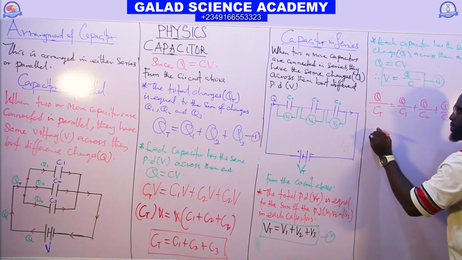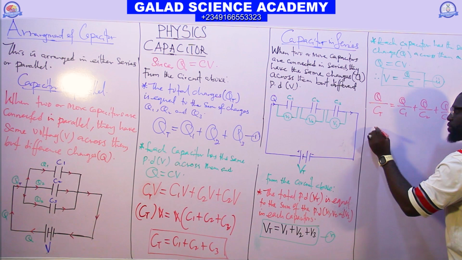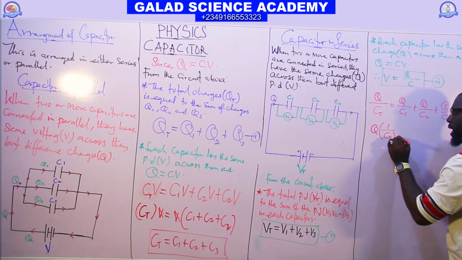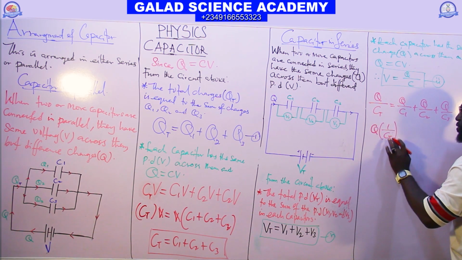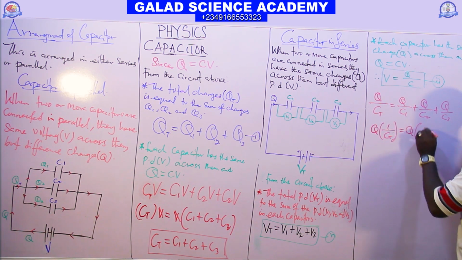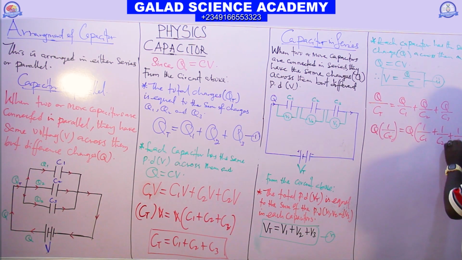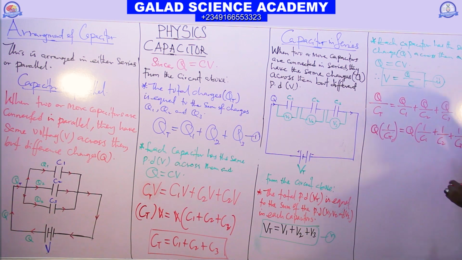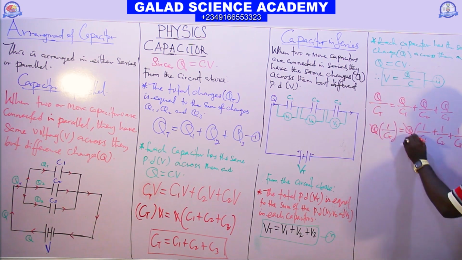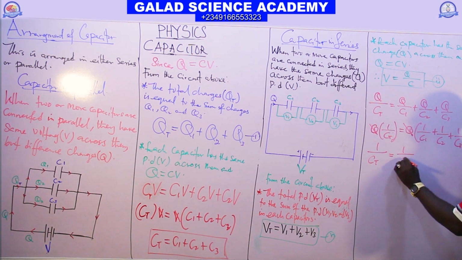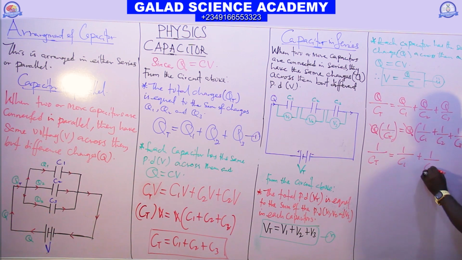Q is the same throughout, so we have Q outside: 1 over C total equals Q times 1 over C1 plus 1 over C2 plus 1 over C3. Divide through by Q: 1 over C total equals 1 over C1 plus 1 over C2 plus 1 over C3.